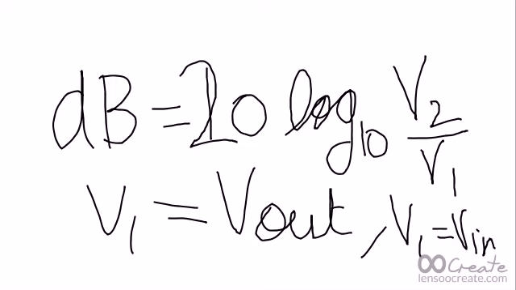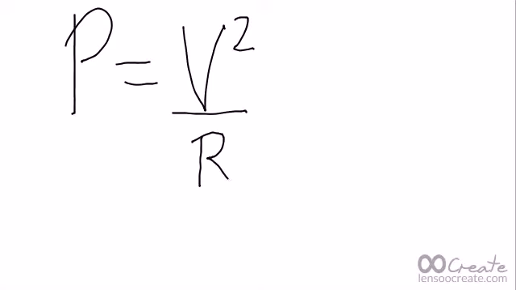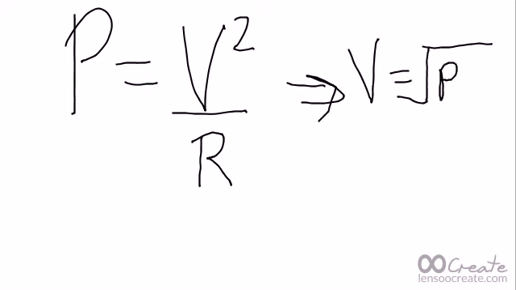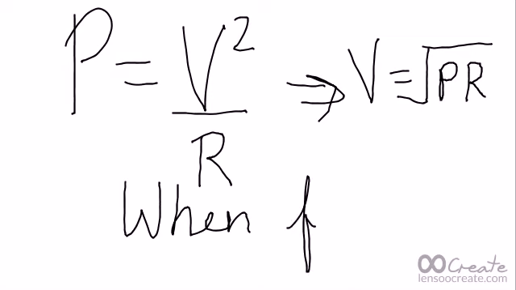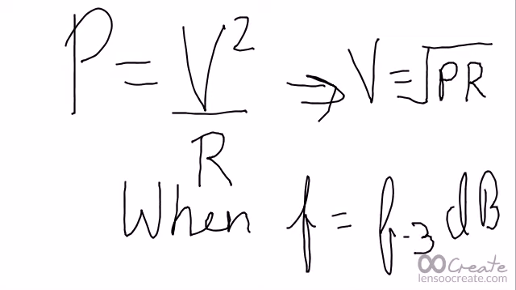Basically our P is what? V square by R. So our V will be what? Under root PR. So I told you when F is F minus 3 dB, so the voltage at minus 3 dB will be what?